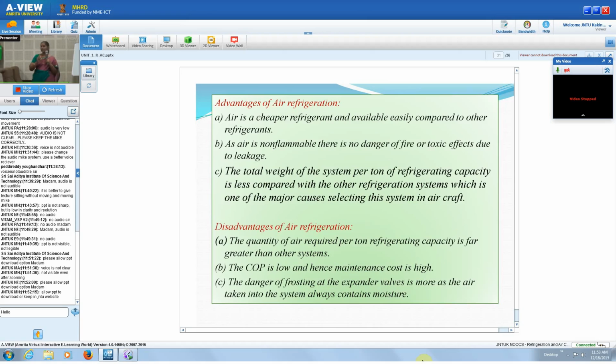Because in the open air refrigeration system, air goes directly into the evaporator, and because air has moisture, there is always a chance of freezing of the expansion valves within the expander. That is not the case in dense air refrigeration. We'll see that in the next class.